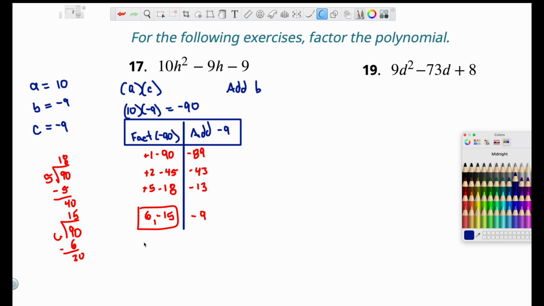Okay, so now I'm going to rewrite the polynomial, but instead of negative 9h, I'm going to write, let's see, it doesn't matter, I'll just do 6h minus 15h minus 9. So I just broke up the middle term here.